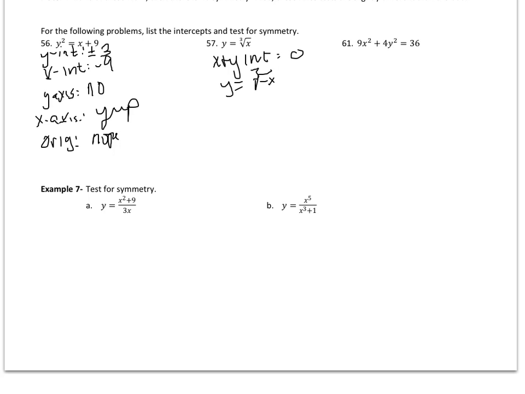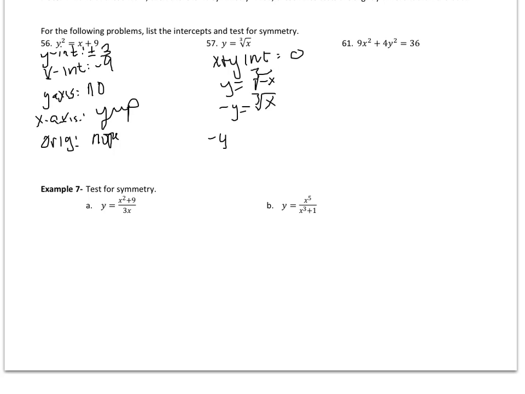What about x-axis symmetry? X-axis, there's still no, right? I plug in negative y equals the cube root of x. That's not the same. Okay, what about origin symmetry? We're going to have origin symmetry, and let me show you why.